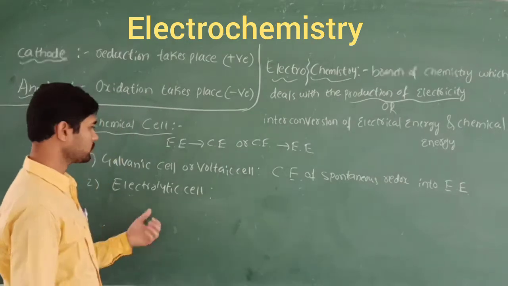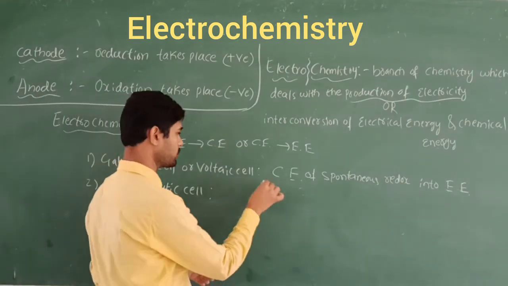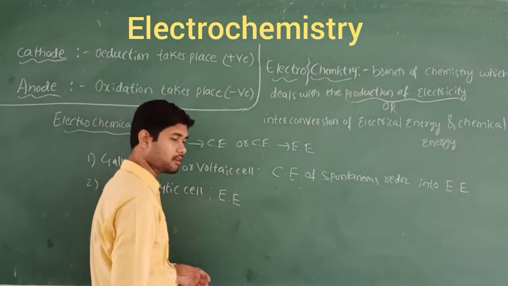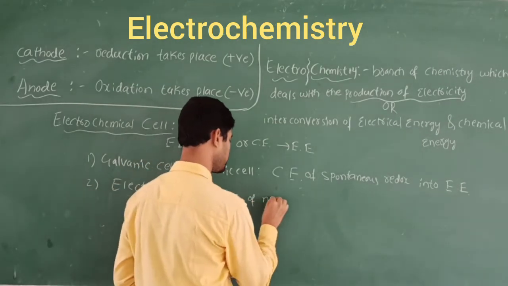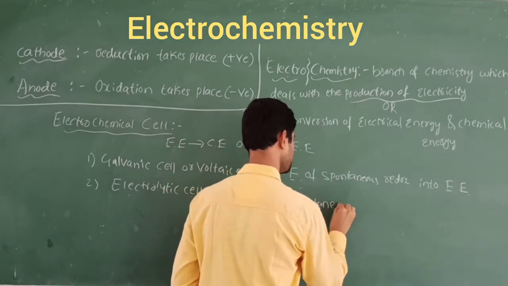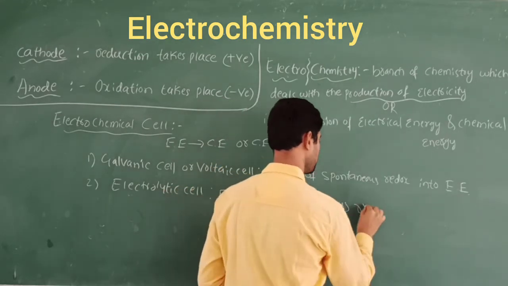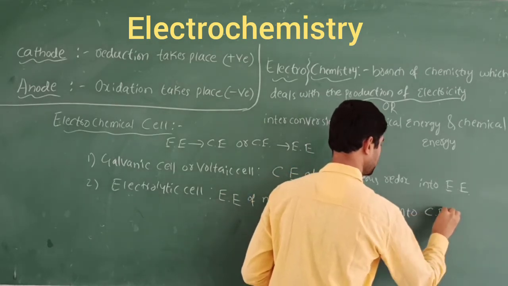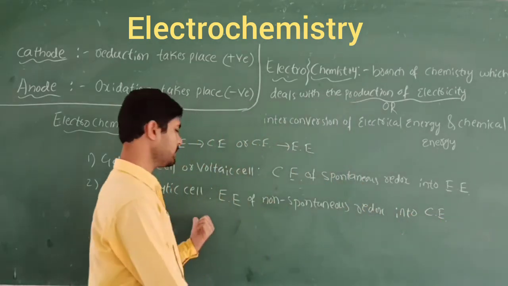Whereas the electrolytic cell is the opposite. It converts the electrical energy of the non-spontaneous redox reactions into chemical energy. That we are going to define as the electrolytic cell.